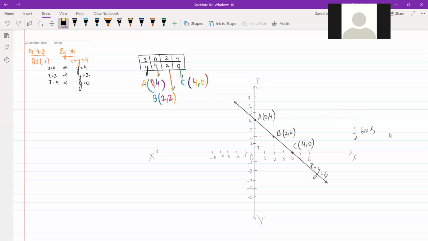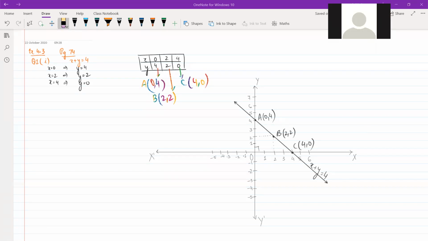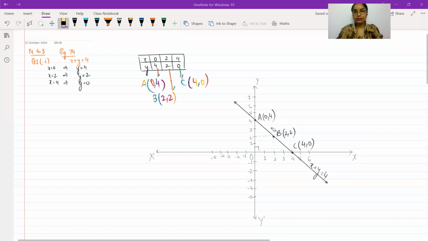Ma'am, please admit Jasleen. I don't have her in the waiting room. There is just one person showing as Zoom user. I'm not sure if it's her. Could you please ask her if she's entering with her own name?